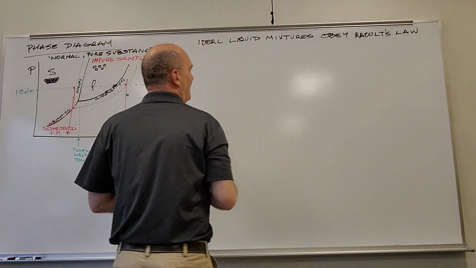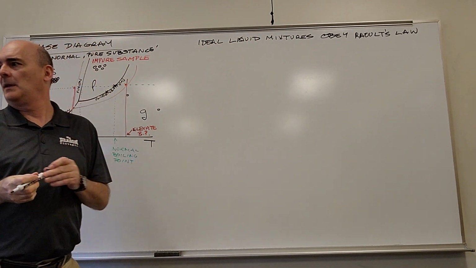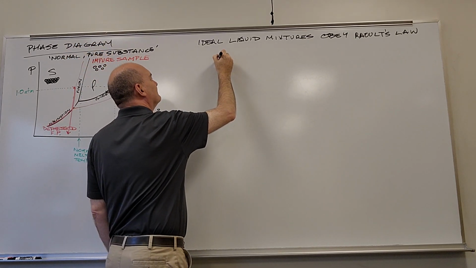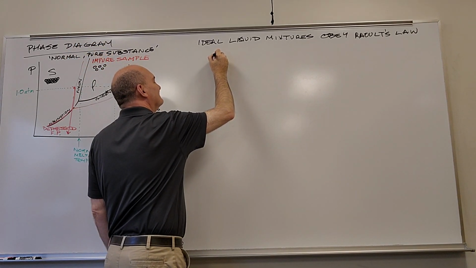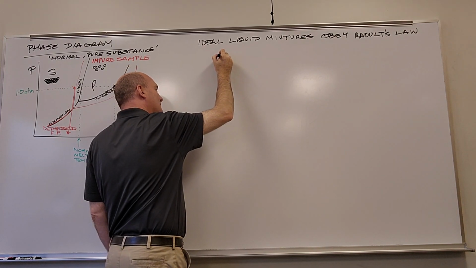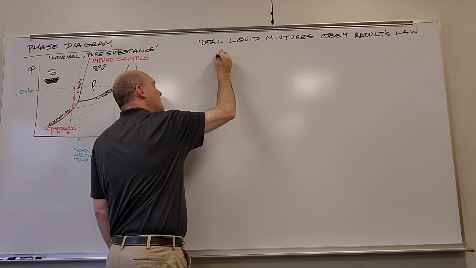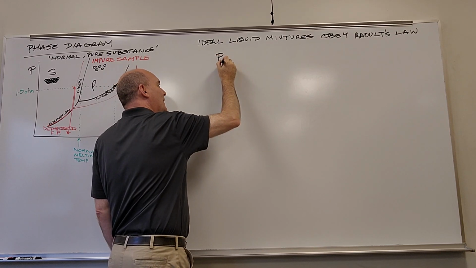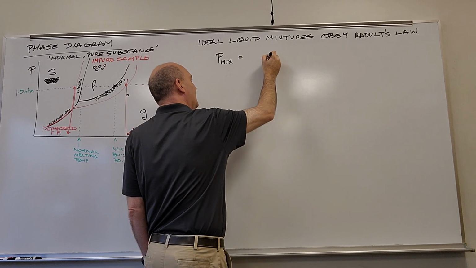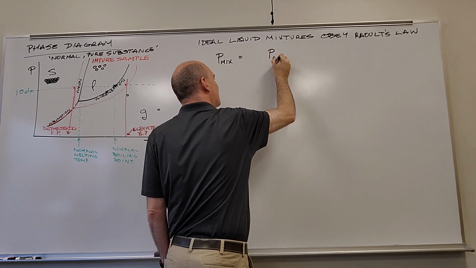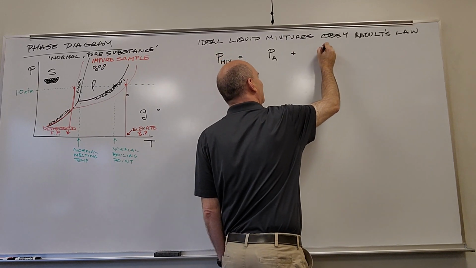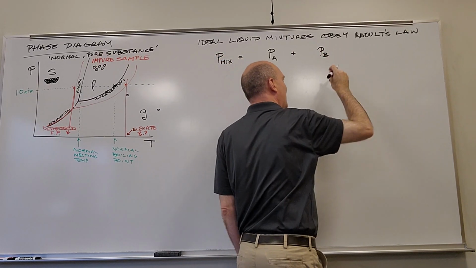Ideal liquid mixtures obey Raoult's law. What does Raoult's law tell us? Something with gas. The vapor pressure of a mixture is equal to the pressure of the first component plus the pressure of the second component.